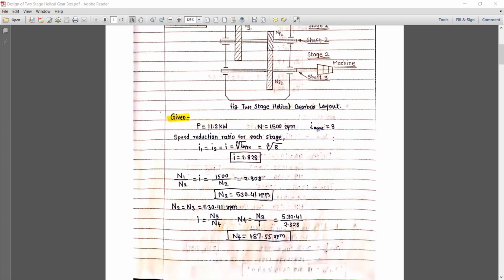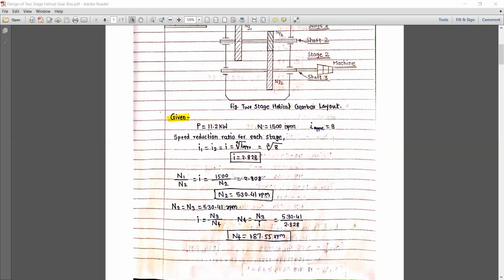Let's see. First, note down the given data. Power is 11.2 kilowatt. Speed of motor is 1500 rpm. Then the transmission ratio is approximately 8. As they have mentioned, you have to design for the second stage only, so we need to identify the reduction ratio for each stage.